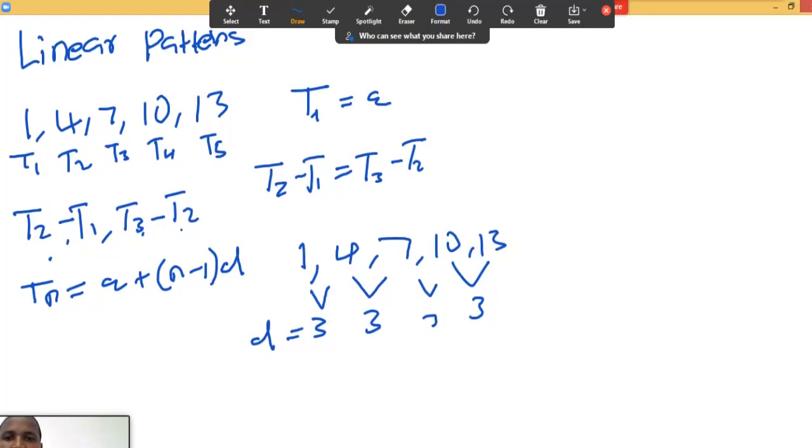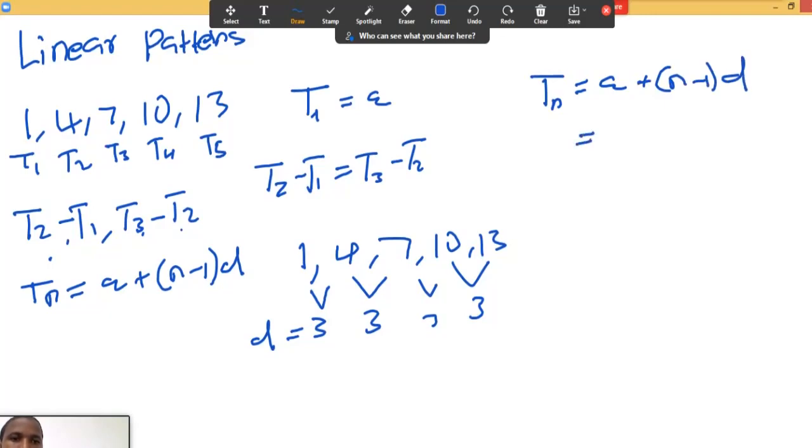Let's look at finding the general term now. Let's say we want to find the general term of this pattern. Our general formula is Tn is equal to a plus n minus 1 times d.